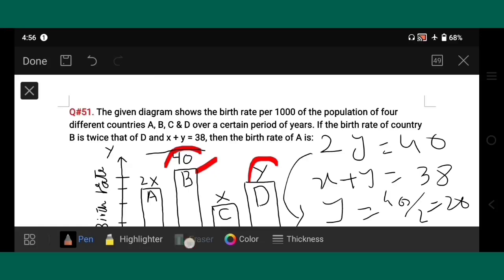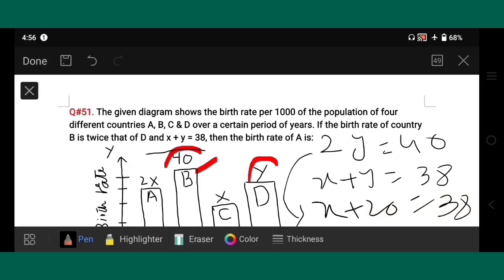So just put 20 over here. x plus 20 equals 38. In the next step just subtract 20 from the 38, so it gives 18.